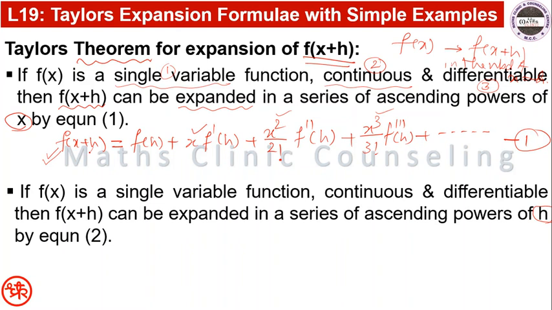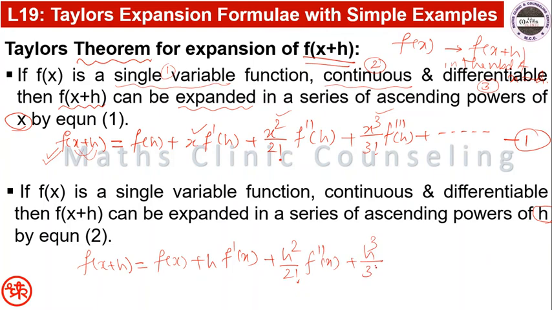So f of x plus h will be equal to f of x plus h into f dash of x plus h square by 2 factorial into f double dash of x plus h cube by 3 factorial into f triple dash of x, and so on, and this is equation number 2.